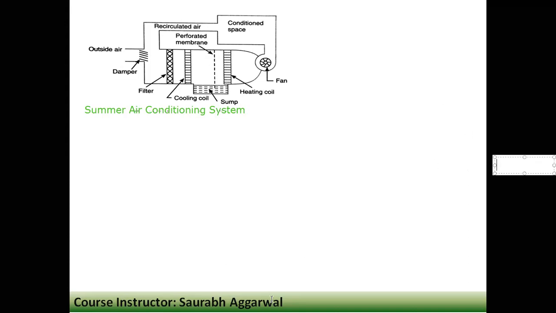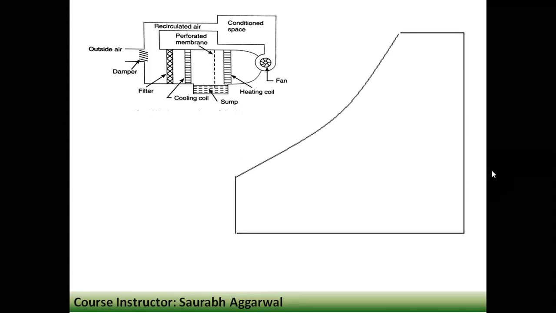Just a second. Now this is a rough draft of psychrometric chart. On the x-axis we are having dry bulb temperatures over here, and on the vertical axis, y-axis, we are having humidity.